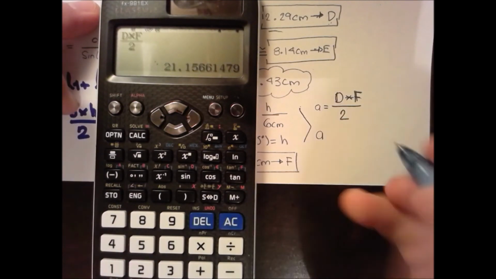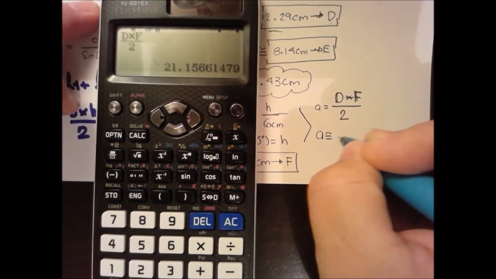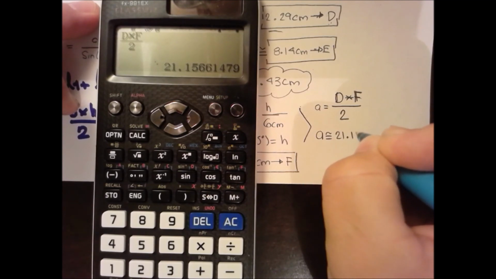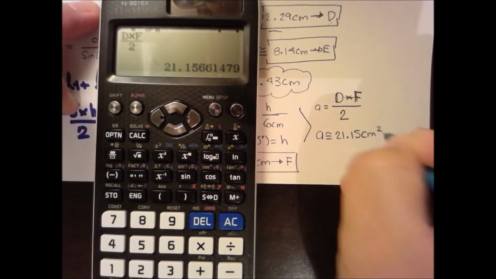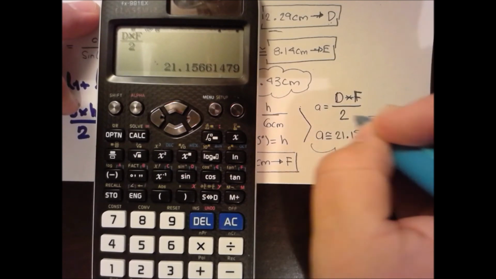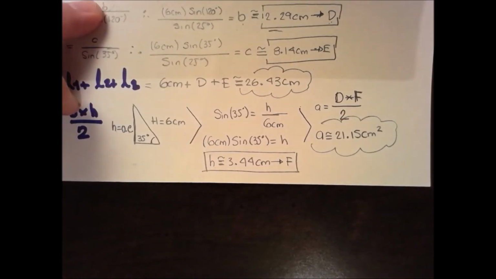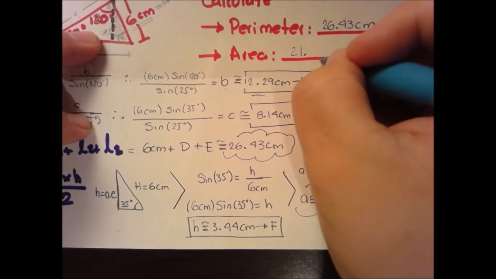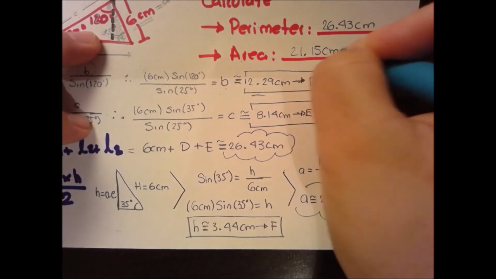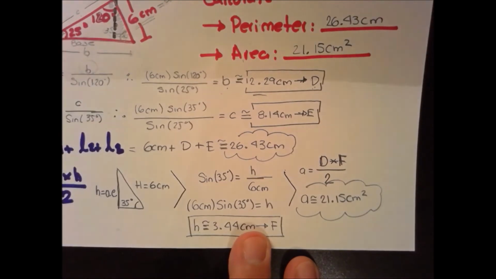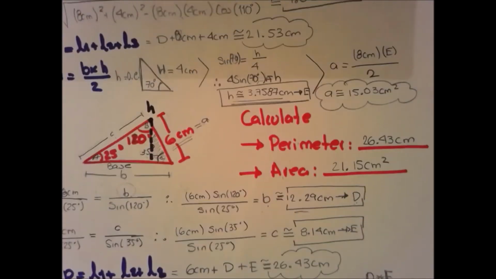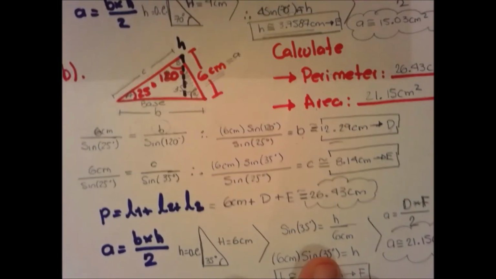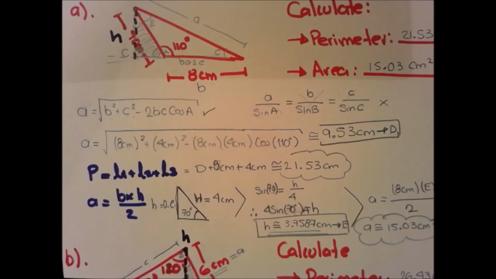There we go. We have approximately equal to 21.15 square centimeters. Remember the units, it's something very important that you need to put. 21.15 square centimeters. Alright? And here we have the two examples about oblique triangles.